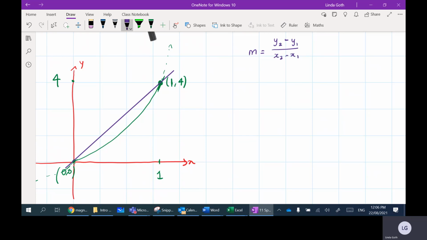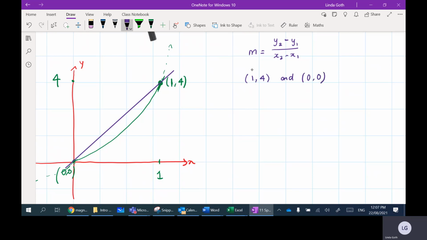So that's what we remember from year 10 about finding the gradient. So let's find the gradient of the line between these 2 points. We're going to go between 1, 4 and 0, 0.